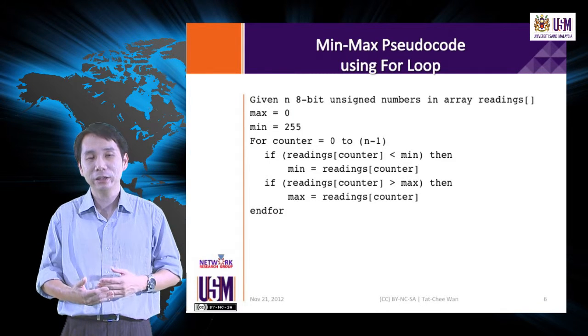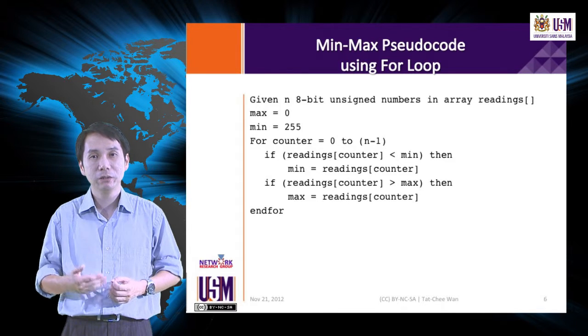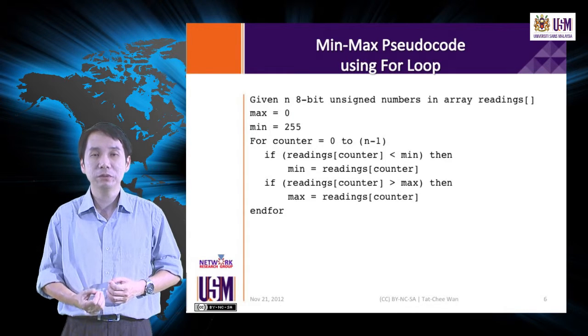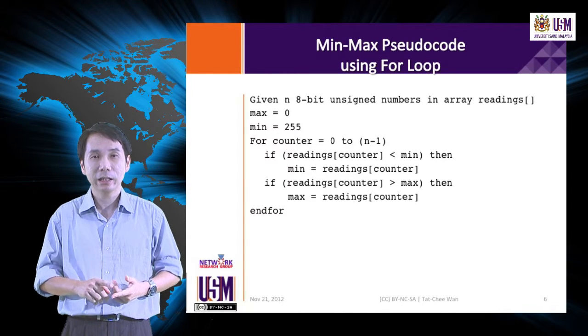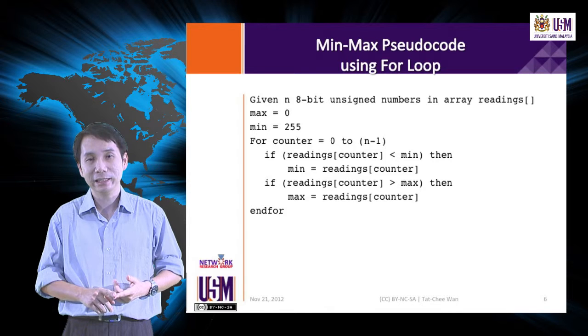Then we will iterate through the number of readings to determine the minimum and maximum values that we have encountered. So in this case, using a for loop, we will have a counter going from 0 to n minus 1. Remember that the index starts from 0 in C.